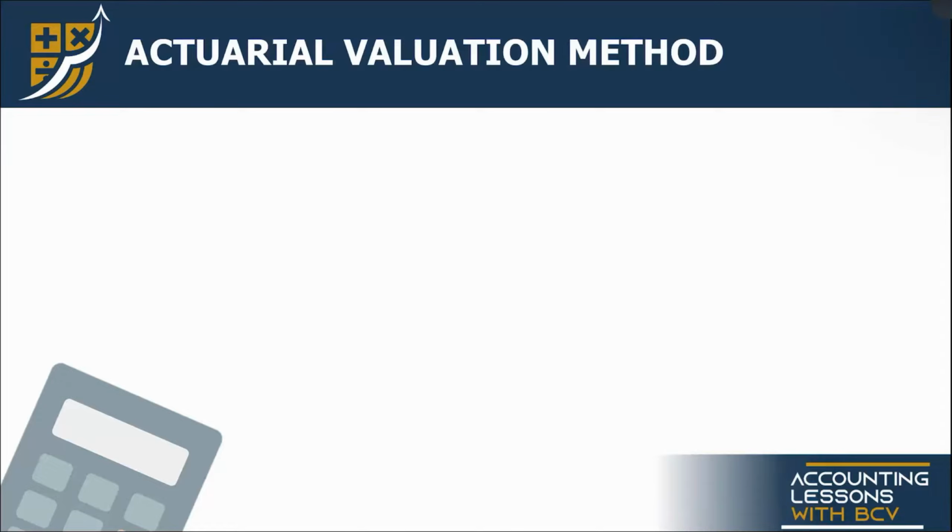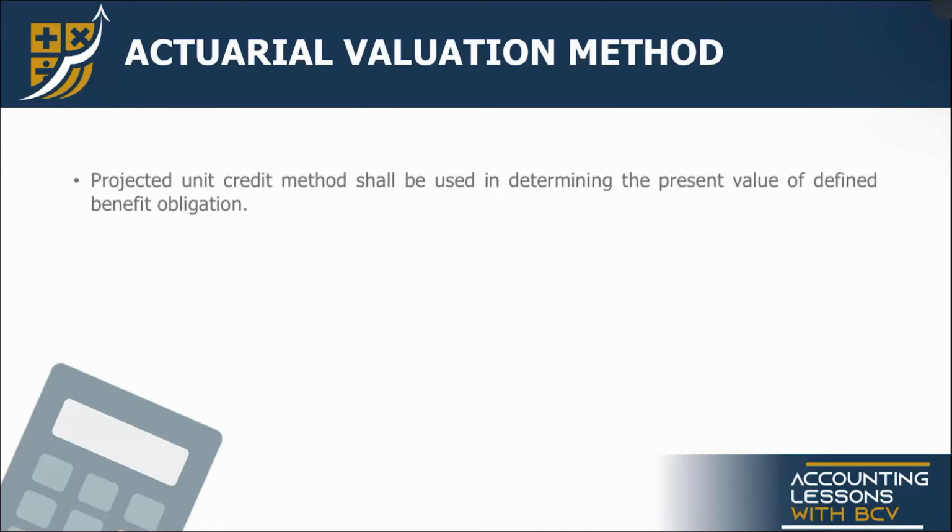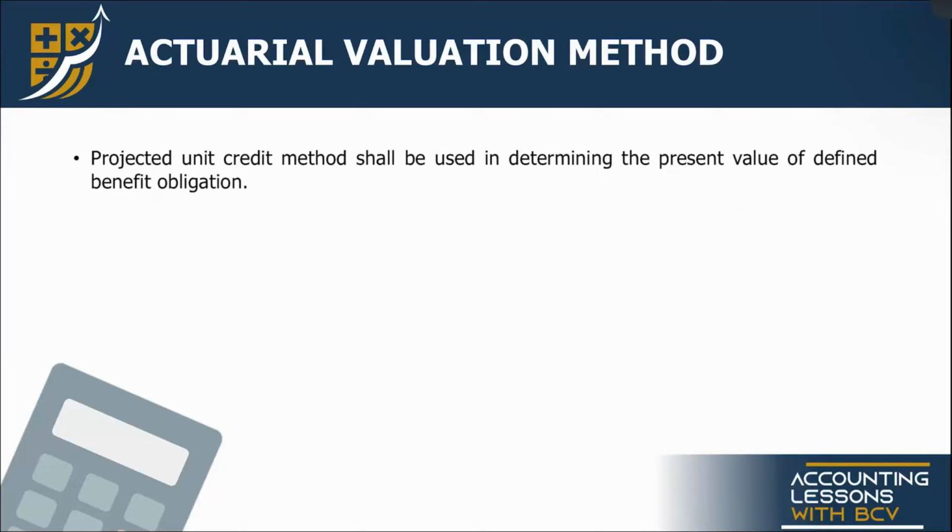Next, what is the actuarial valuation method that is being prescribed by IAS 19? Nabanggit ni IAS 19 na gagamit tayo ng tinatawag na projected unit credit method. This method will be used in determining the present value of defined benefit obligation.